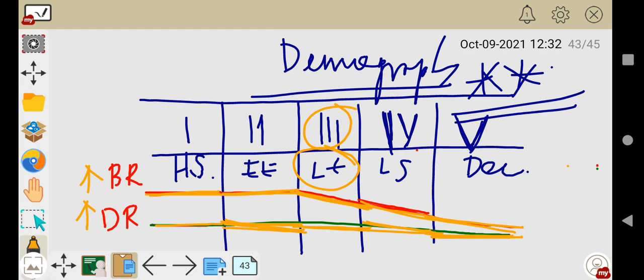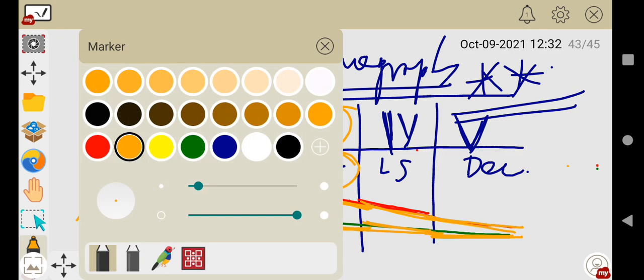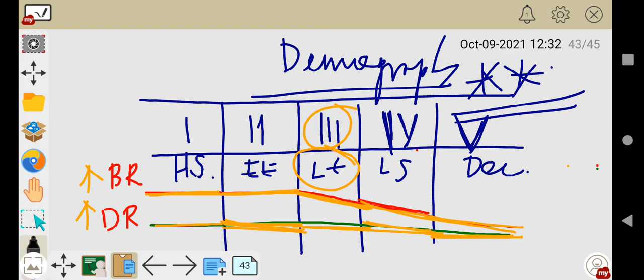Now comes the important point. These are not asked. What is asked is, now I am showing you, where the demographic gap is maximum. So remember, demographic gap is maximum in stage 2, right?